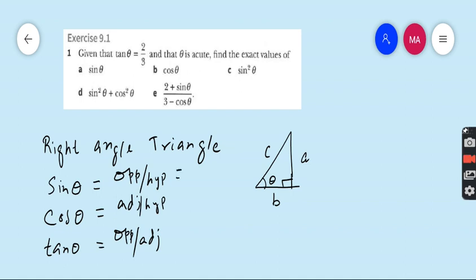The opposite to the angle theta is A. Therefore, the formula of sine theta is opposite upon hypotenuse, A upon C. What is hypotenuse? The side which is just opposite to the right angle. So this is the hypotenuse H, this is opposite and this is adjacent.